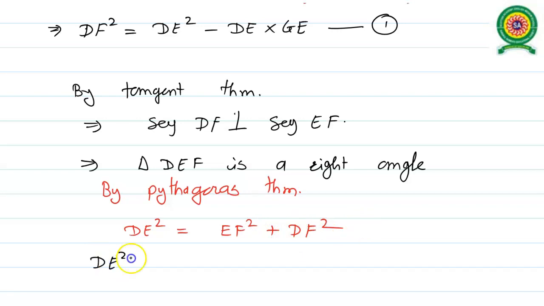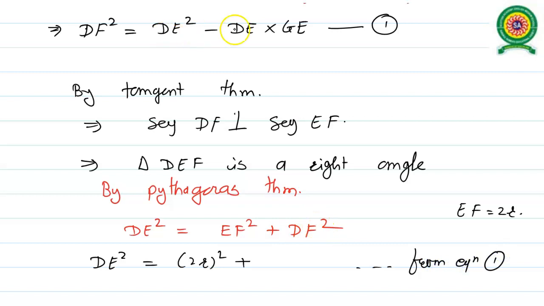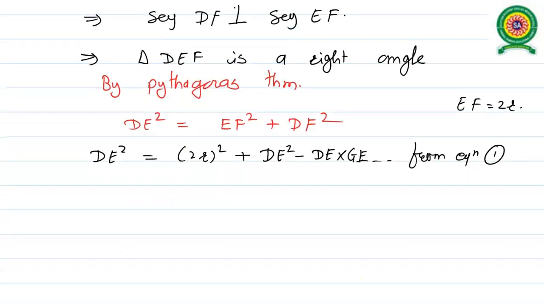So DE square equals, EF is the diameter whose value already we have as 2 times R, so we get 2R the whole square. And from equation number 1, we have the value of DF square as DE square minus DE into GE. So 2R the whole square gives 4R square plus DE square minus DE into GE.